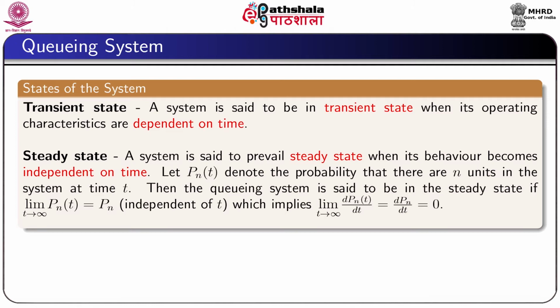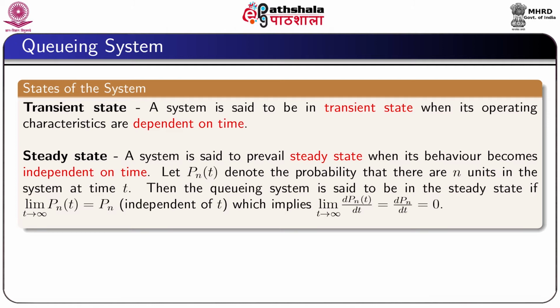Let us now define the states of a queuing system. There are three states of a queuing system: transient state, steady state, and explosive state. Transient state. A system is said to be in transient state when its operating characteristics are dependent on time.